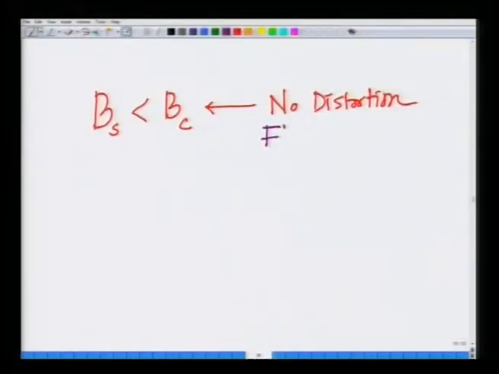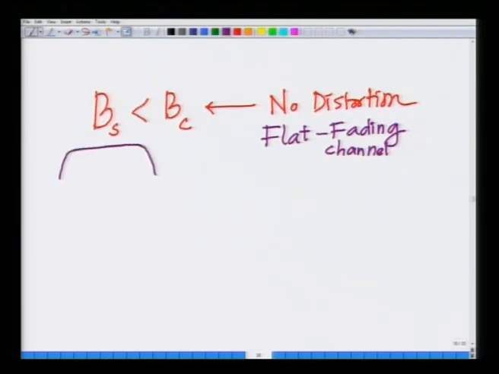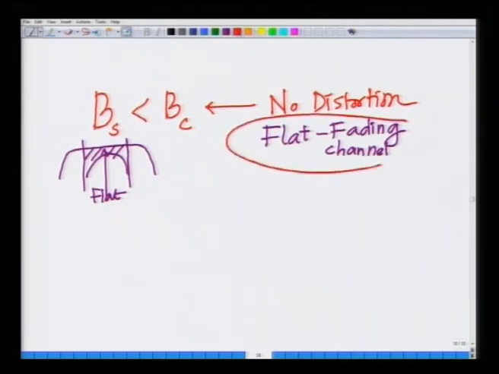Hence, this is also known as a flat fading channel. Look at this, my spectrum looks like this. This is the coherence bandwidth, and my signal is restricted to this part in which the response is flat. Hence this is known as a flat fading channel.